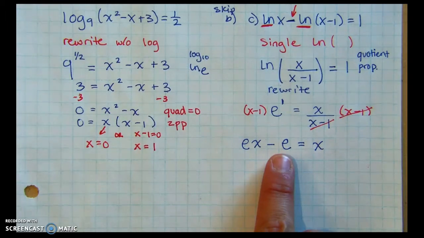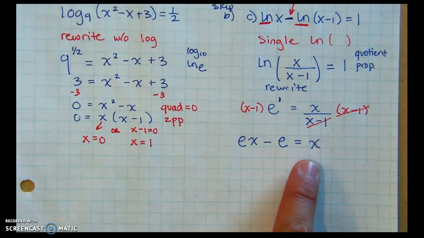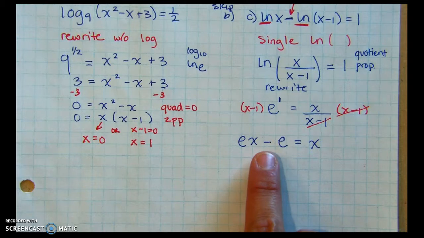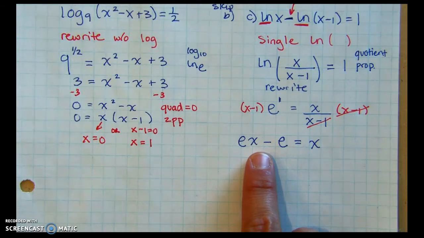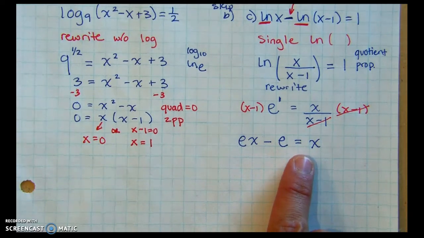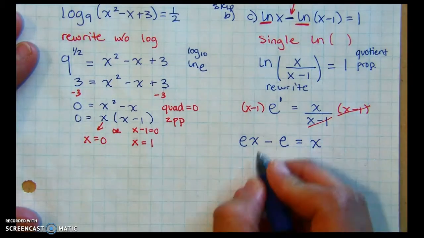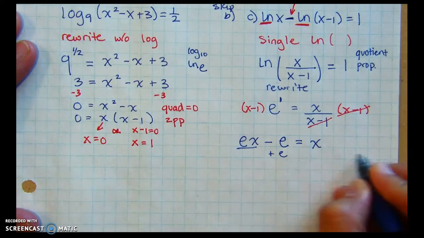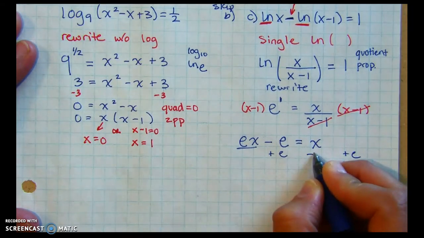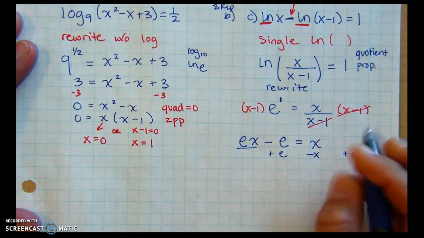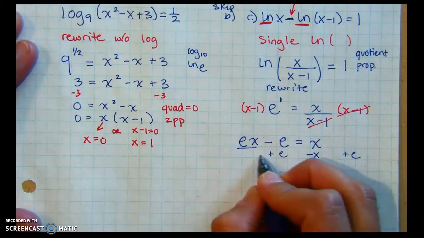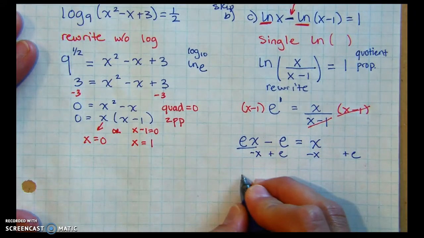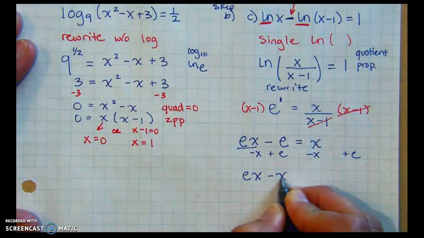Now we have x's on both sides, so back to linear math, because it's x to the 1, we need to get the x's onto one side. So why don't I leave this e to the x here, and I add this e to the right and subtract the x to the left. You guys okay with that? A little messy. Here we go.